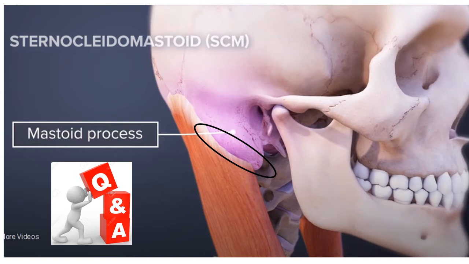The answer is that the sternomastoid is attached to the mastoid process of the temporal bone. Is that the only attachment? The answer is no. If it's no, where is it extending to then? It is extending to the superior nuchal line.